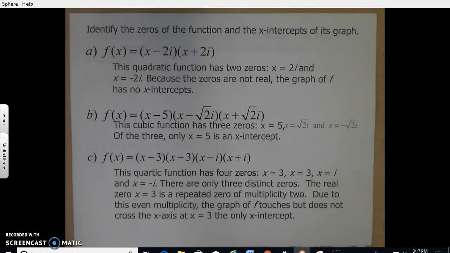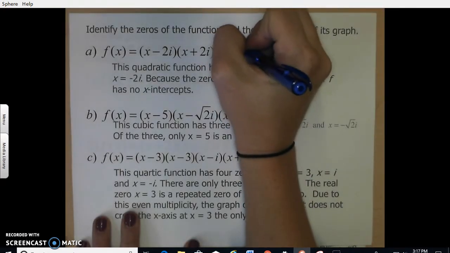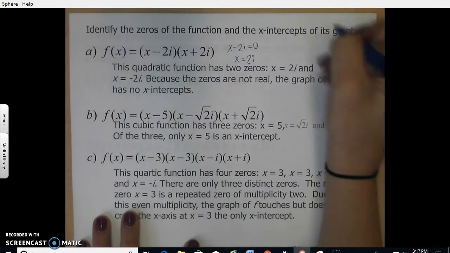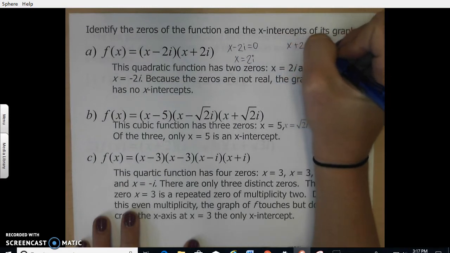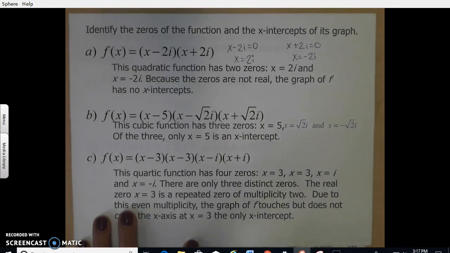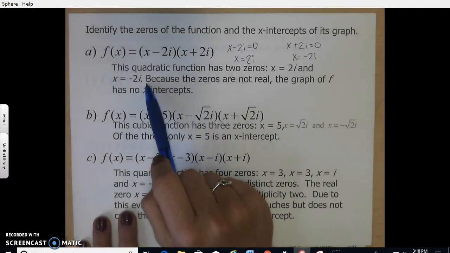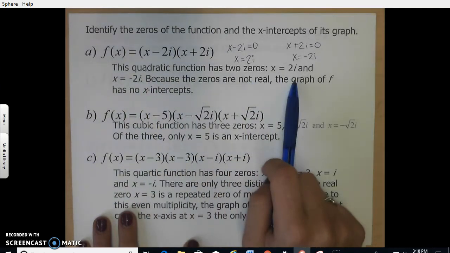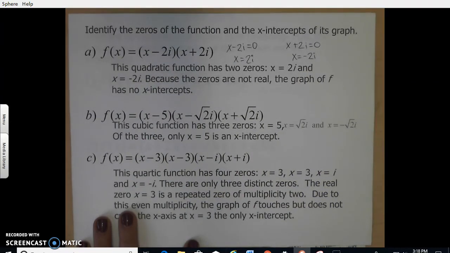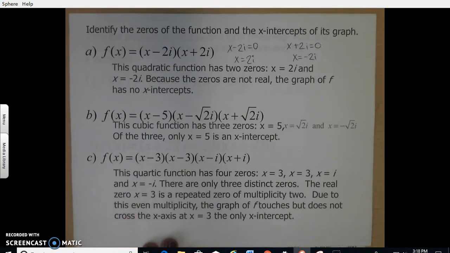In order to identify the zeros and the x-intercepts of our graph, we need to take our factored form, set each factor equal to 0, and solve for x. So I would take x minus 2i equals 0, x equals 2i, x plus 2i equals 0, x equals negative 2i. So we have two zeros at x equals 2i and x equals negative 2i. But our zeros are not real because we have i in it, which is imaginary, and that means our graph has no x-intercepts.